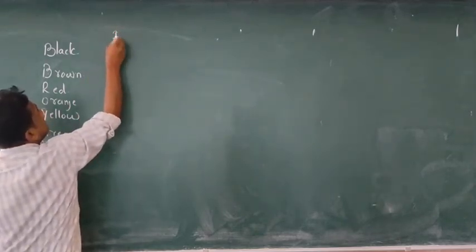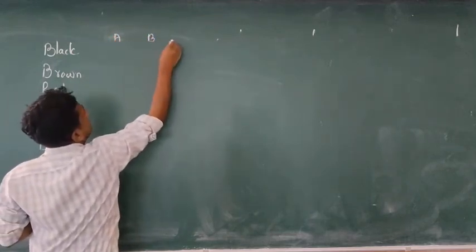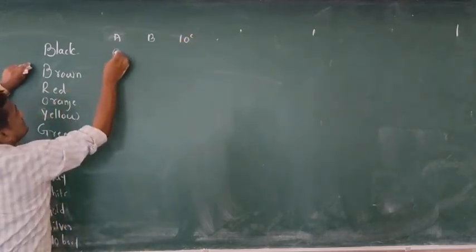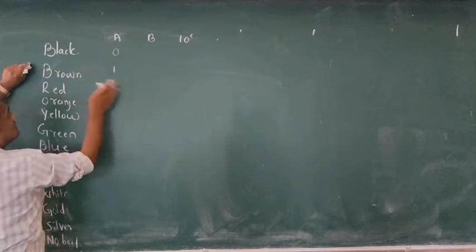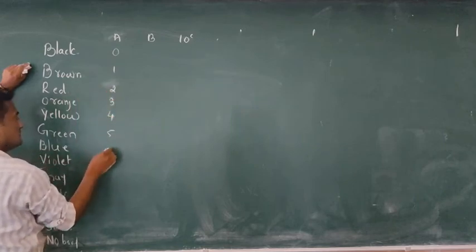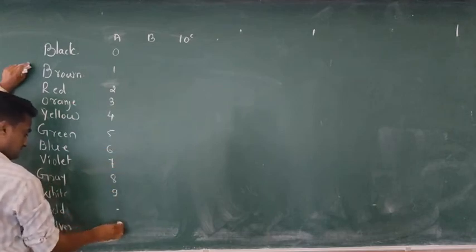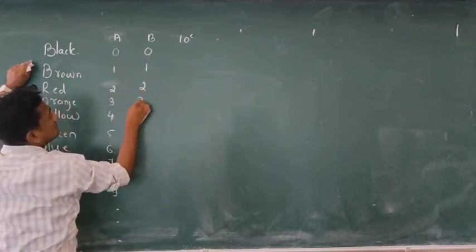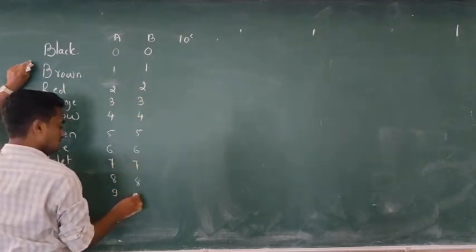Then the first band, we call it A, and this one is B, and this one is 10 to the power C. Their values are 0, 1, 2, 3, 4, 5, 6, 7, 8, 9.